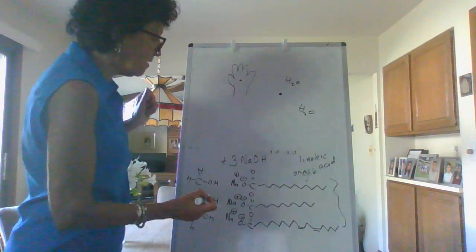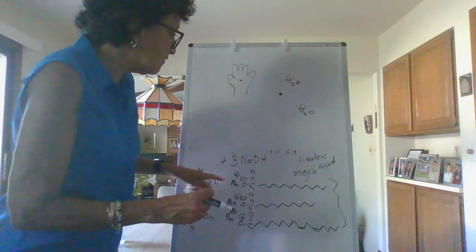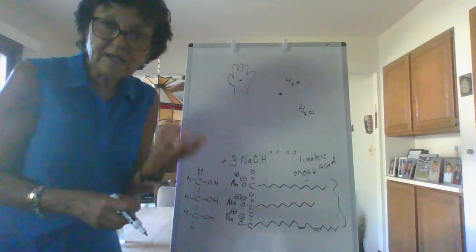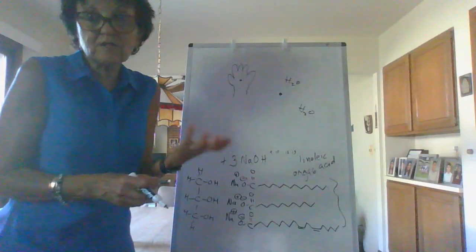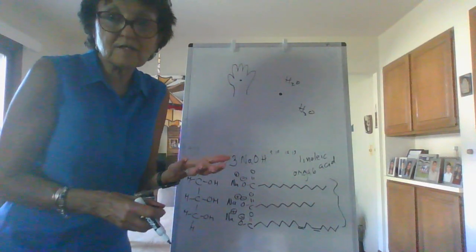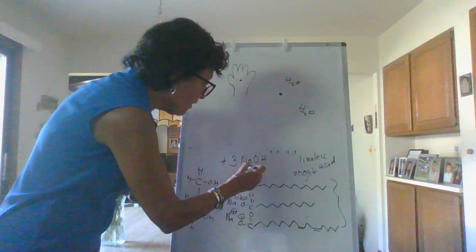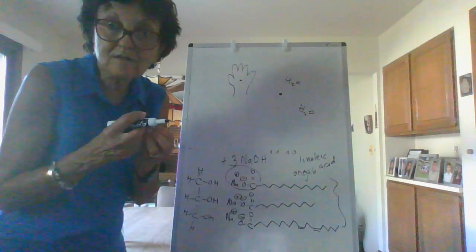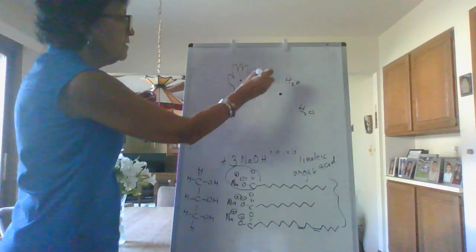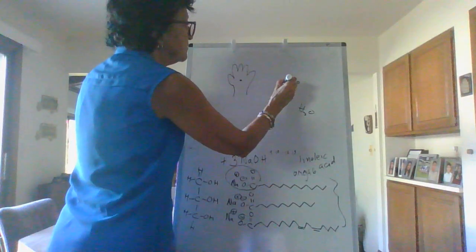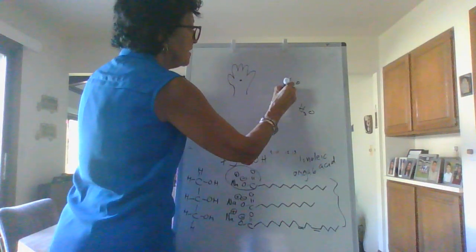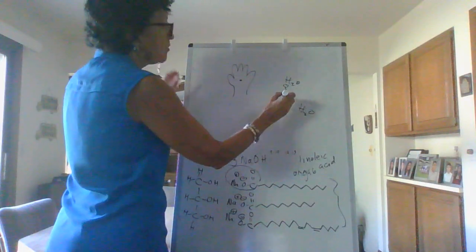How will it do that? Which part of the soap is attracted to the water? Remember, we said like dissolves in like. Polar likes polar. Non-polar likes non-polar. So this part over here, that's the polar head. So the polar head loves the water. This long tail of the fatty acid likes the oil droplet.